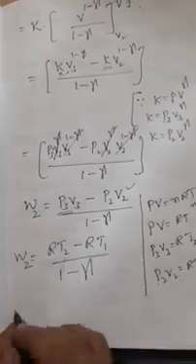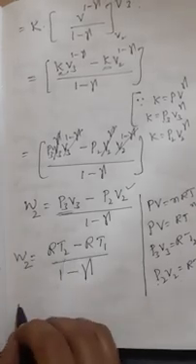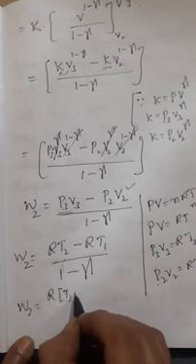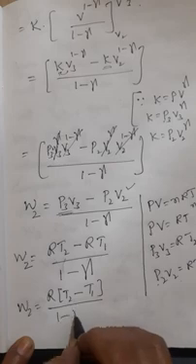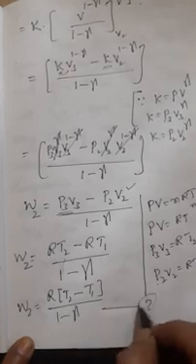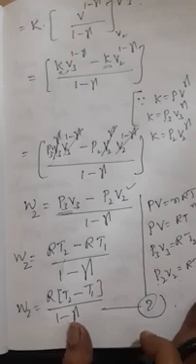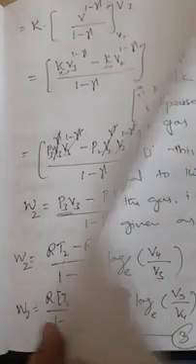Or we can write this with R taken out: R times T2 minus T1 divided by 1 minus gamma. Let us take this as equation number 2. So this is the work done by the gas by utilizing its internal energy.